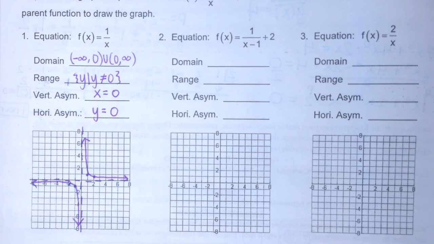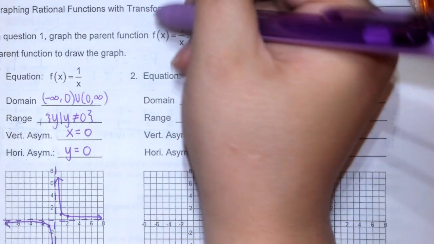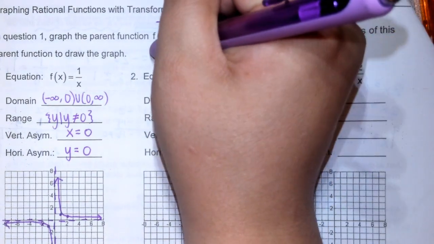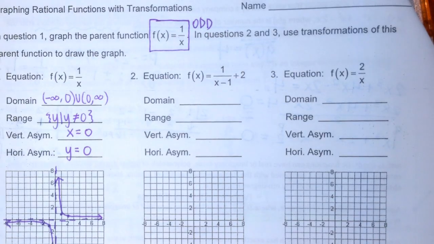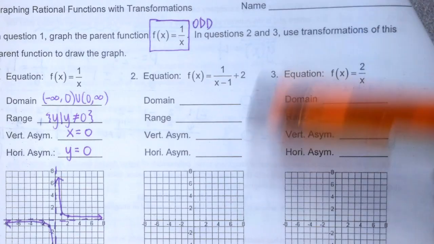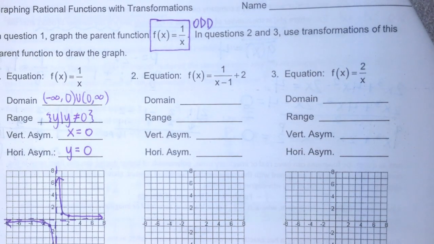All right. What about my next problem here? Oh, by the way, can you box this equation? All of these are, or this is an odd function, just a reminder. This one is odd. So I'm going to take that parent function and do what? Here.